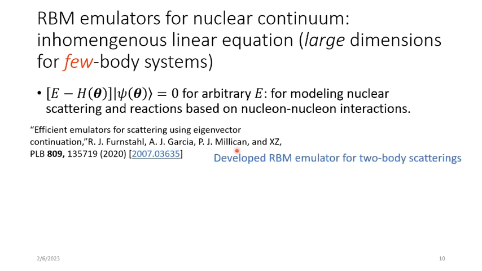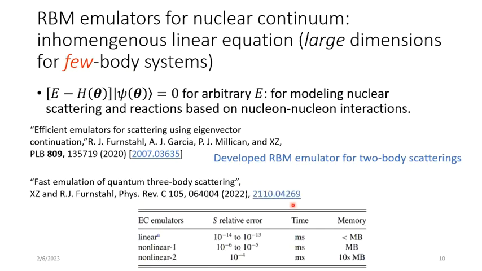We applied this RBM idea to demonstrate RBM emulators for 2-body scattering, and later generalized it to 3-body. For generic simple 3-body problems, the time scale for emulation at one particular parameter is milliseconds on a laptop, and the emulation error can be extremely small.